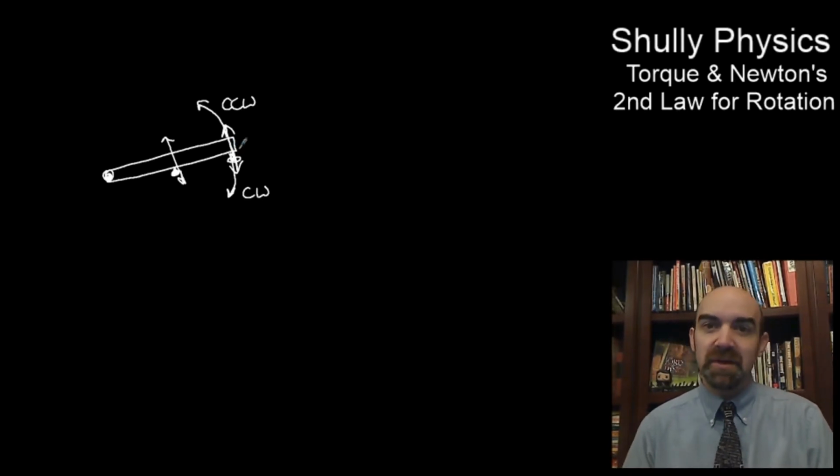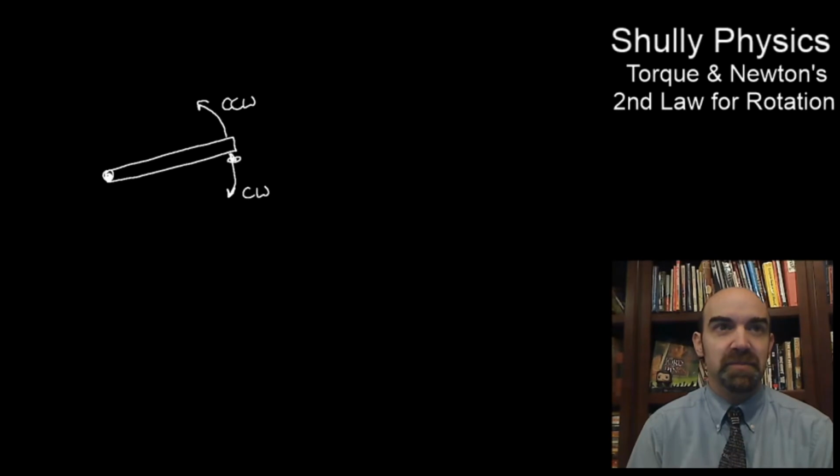Torque is a rotational analog of force, meaning if you want to accelerate the rotation of a system, you have to apply a torque to it. All right, so there's a couple of pieces that we're going to add on here. When we push on this door, we're going to apply a force to it.